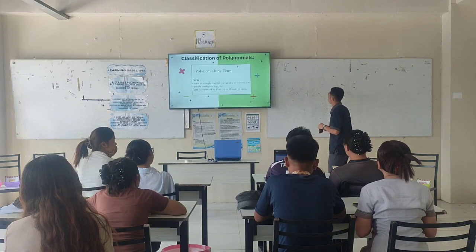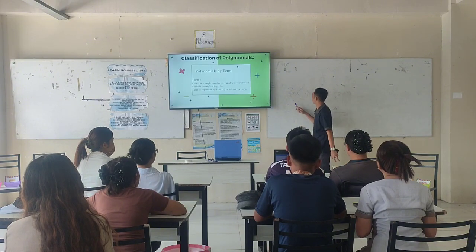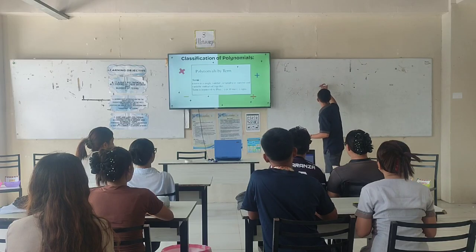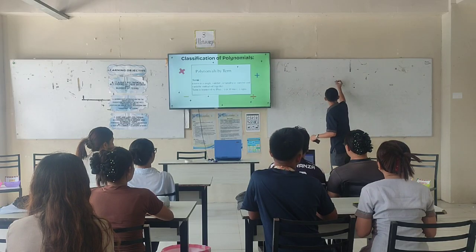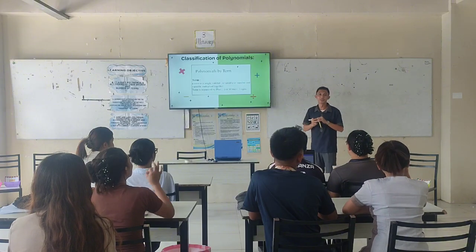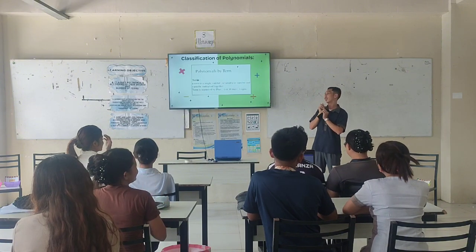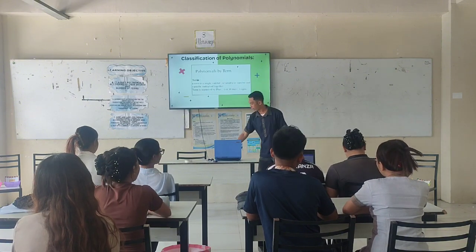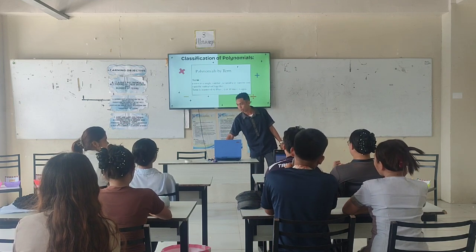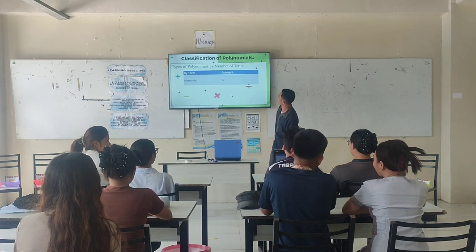So in this expression, let's count how many terms. This is the first term, the second term, and the third term. So how many terms do they have? 3. Very good. So in the classification of polynomials, we have different types by number of terms.